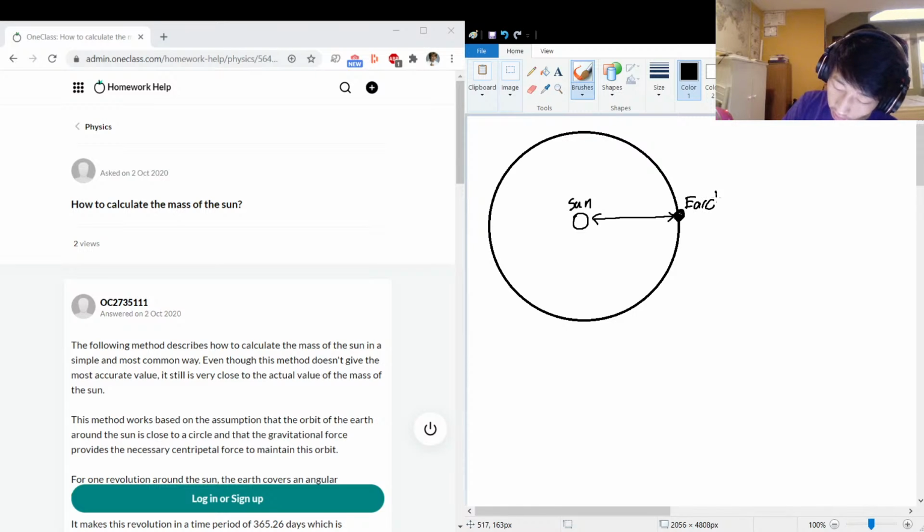We're not going to worry about the other planets. We only worry about the Earth and the sun, because that's just the way we like to do things. And we know that the Earth is traveling in a fairly circular pattern. Now, it's not a perfect circle. Let's just pretend that it is for approximations.